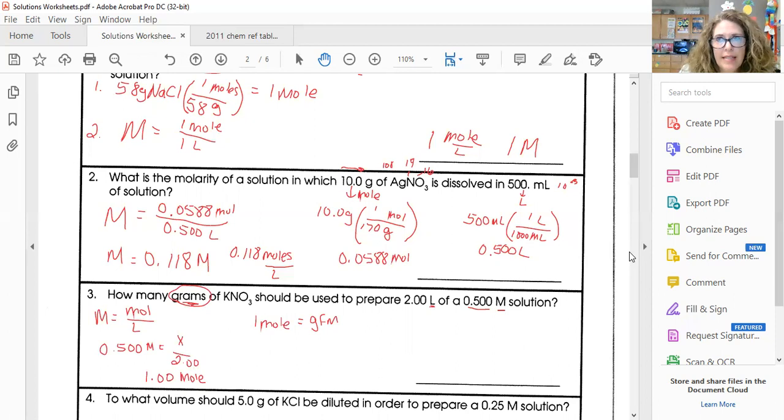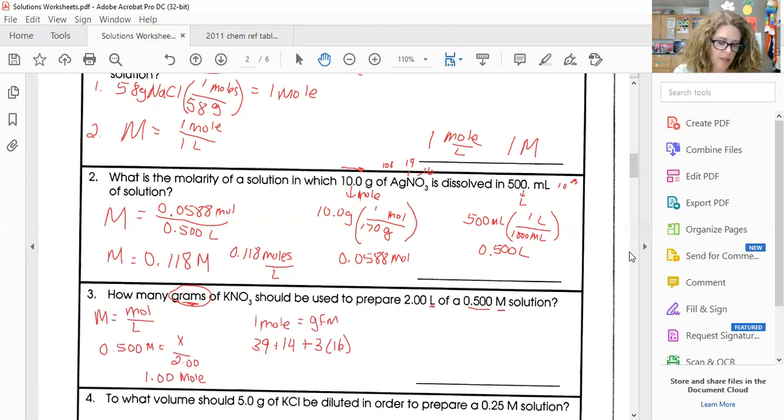So I have potassium, which I believe has a mass of 39, fact checking myself. Yes, I'm correct. All right, so I have a 39, nitrogen with a mass of 14, and I have 3 oxygens, each with a mass of 16. So when I do my math, let's just do my 16 times 3.